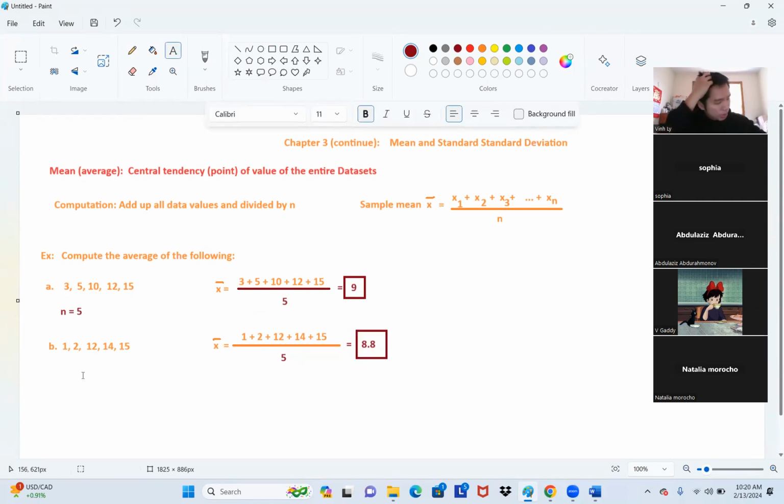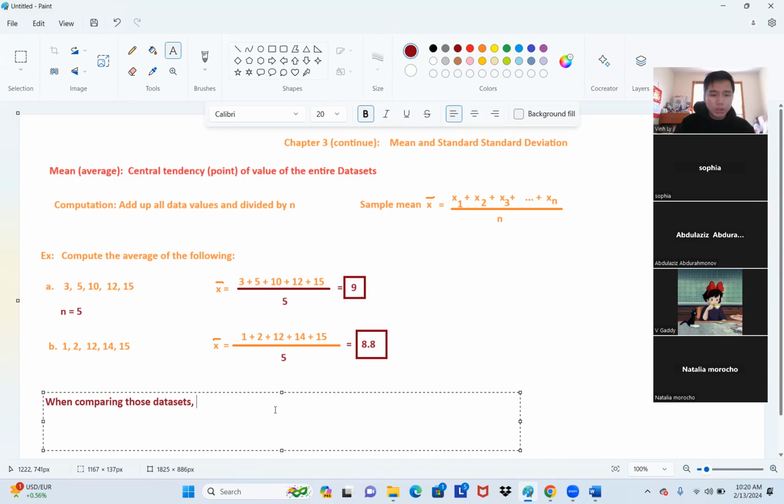Now, given those two types of data, somehow it's really hard to see the difference. So we look at the range. In order to compare those data sets, we check that the first data set has a smaller range.